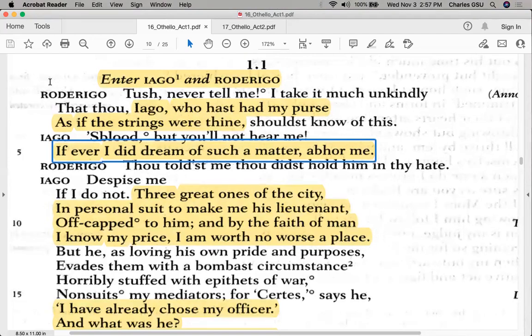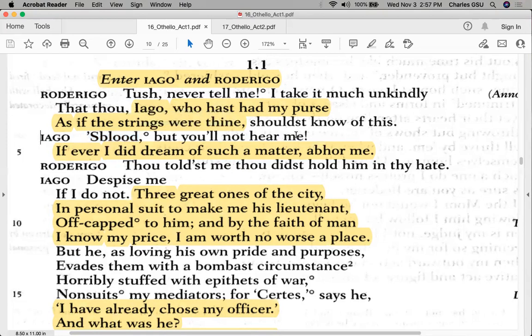And he's denying it, "'Sblood," that is, God's blood. You couldn't on stage say God's blood because it would actually be considered defamatory. So they truncated it to 'Sblood, right? Kind of like a curse word.